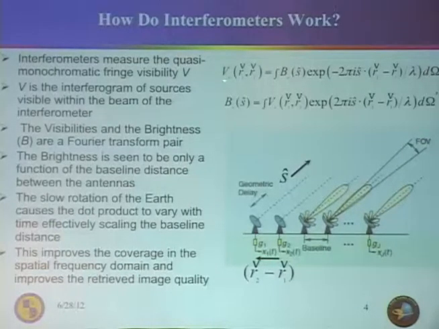This is at a fixed, fairly narrow band frequency, quasi-monochromatic. This is the standard measurement equation that they've derived. You can see that this is essentially a Fourier transform pairing between the brightness on the sky and the fringe visibility. In this figure, S is a unit vector pointing toward the source on the sky, and R1 and R2 are the positions of 2 antennas in the array.